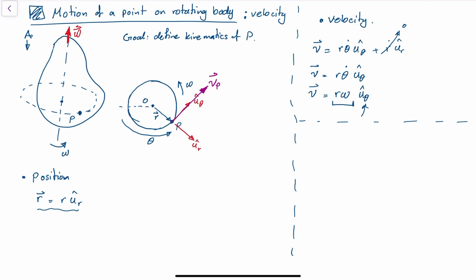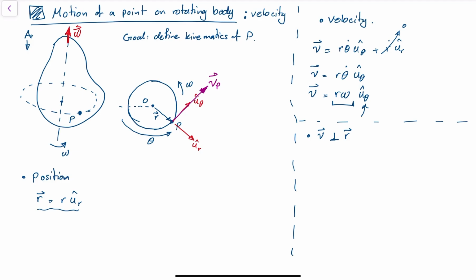A couple of observations. Note that because you're going around the circle, v is tangent to the path, and tangent to the path is perpendicular to your radius. So v is always perpendicular to your position vector r, in this particular case of rotating about a fixed axis.